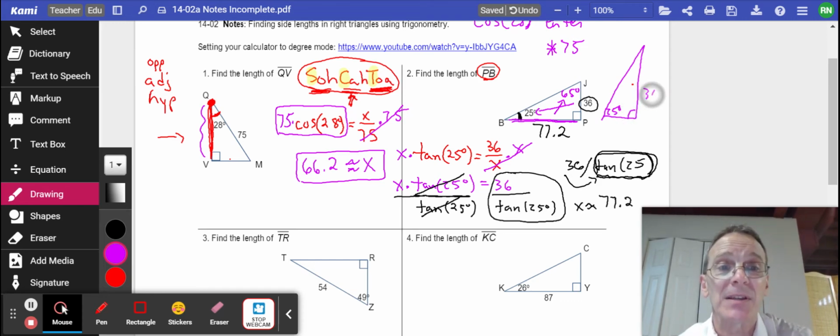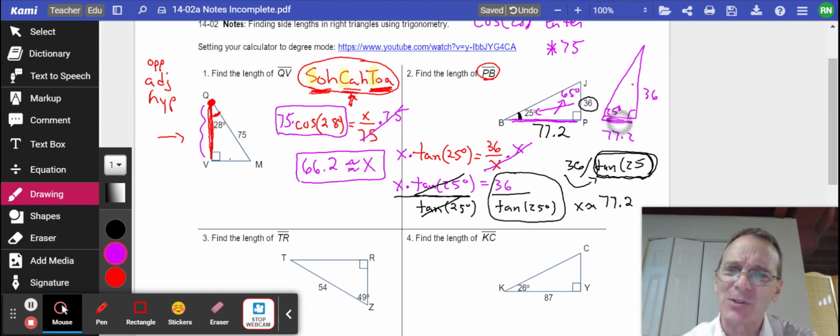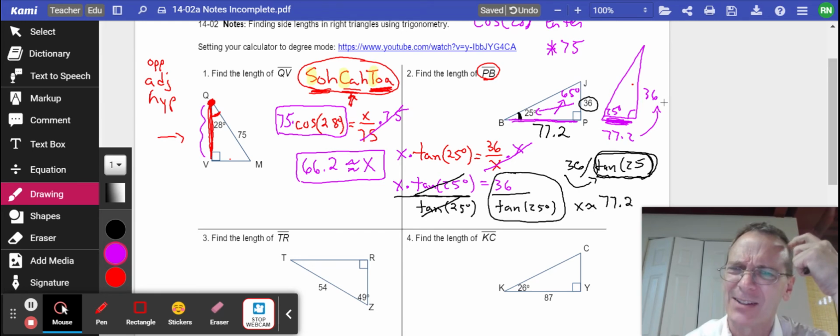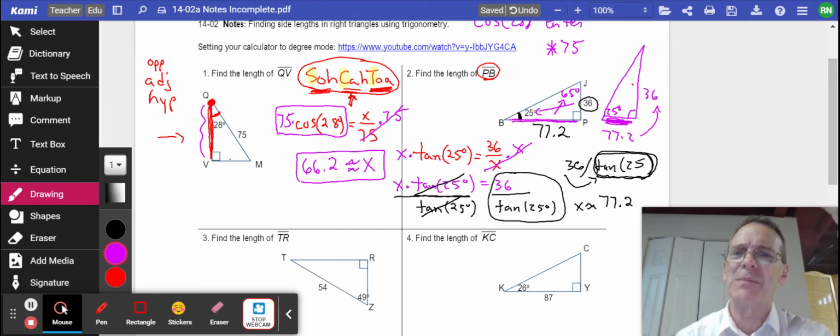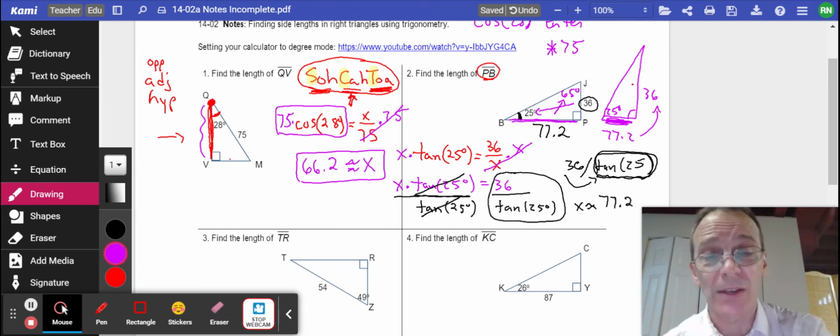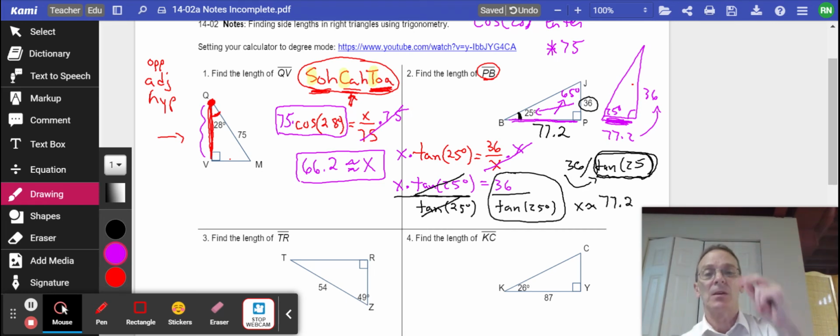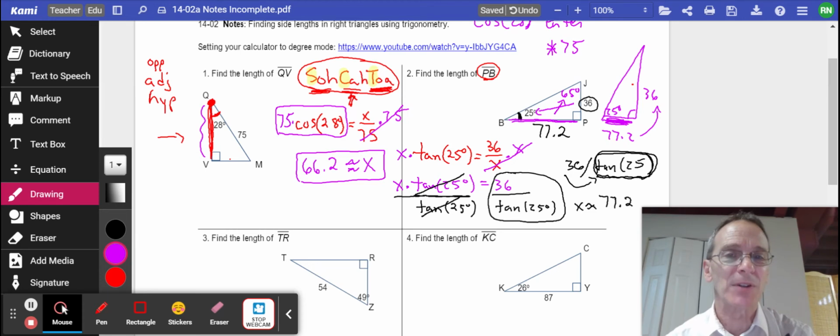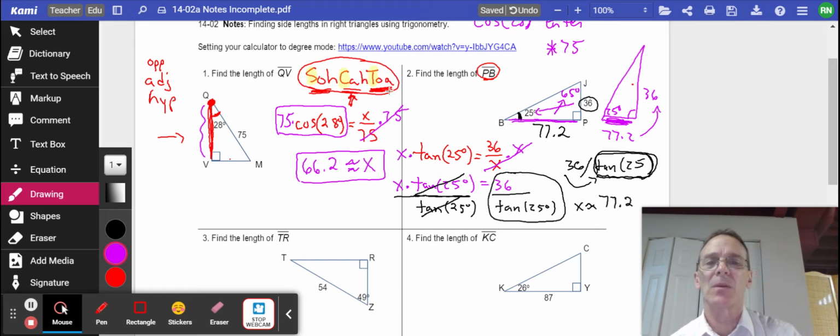And made this 36, and then asked you to solve for this side where you come up with 77.2, and then you're scratching your head going, wait a minute, that side looks pretty short. It looks a lot shorter than that 36. I think I did something wrong. I mean, that would just be mean, okay? I'm not going to do that to you, okay? So you can, to a certain extent, rely on your visual judgment, but be careful. We always want to be careful, okay?